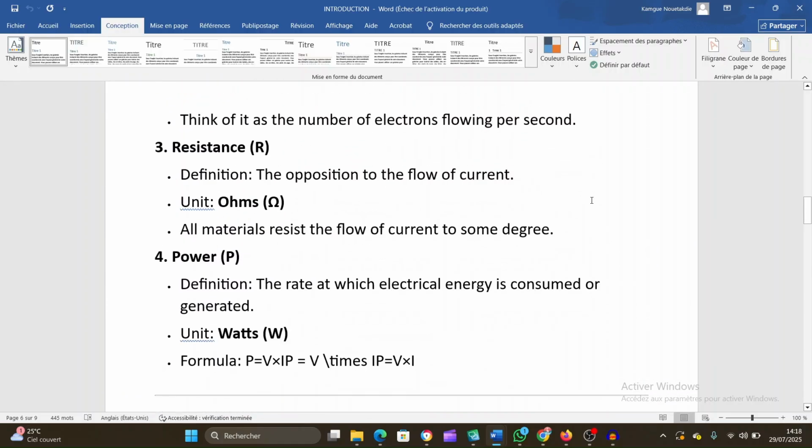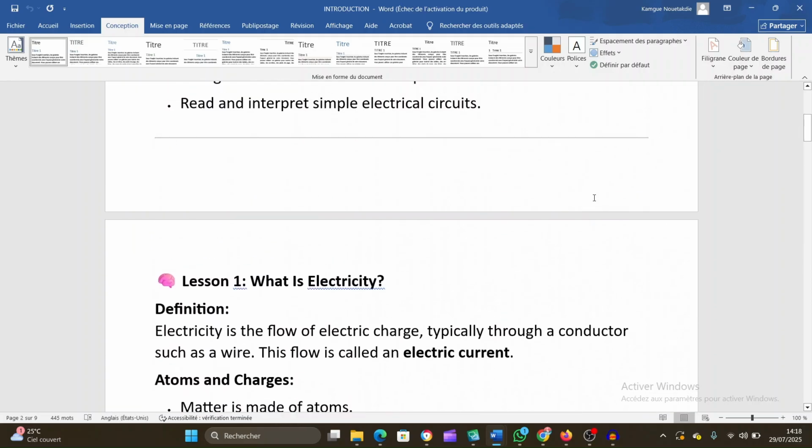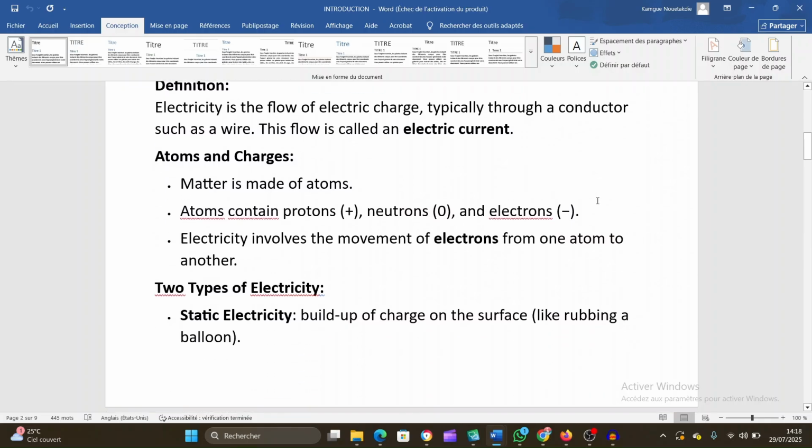We mentioned electrical quantities: voltage, current, resistance, and power. We discussed the fundamental law, which is Ohm's law, the fundamental law in electricity without which we cannot really proceed or do something substantially important in our field.